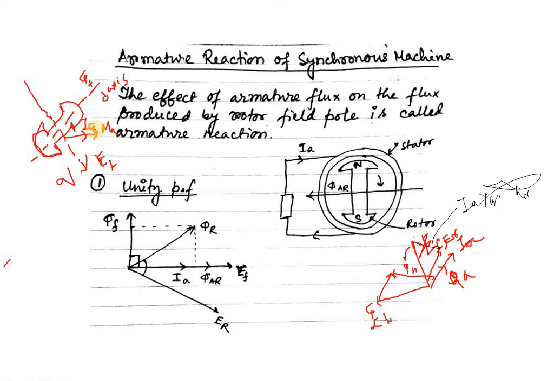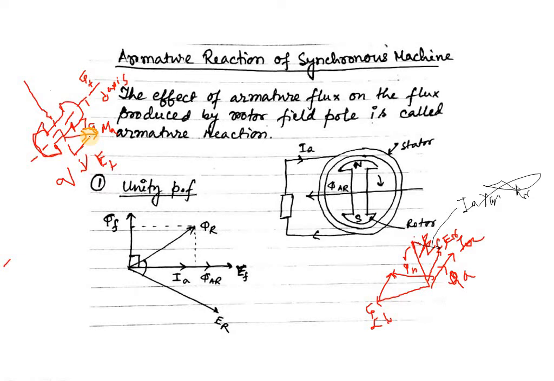So why not break up this current into D axis and Q axis components? For example, this IA can be thought of as the phasor sum of two currents, one in the position of the D axis and another in the Q axis. We can always find the components of IA along the D axis or Q axis.